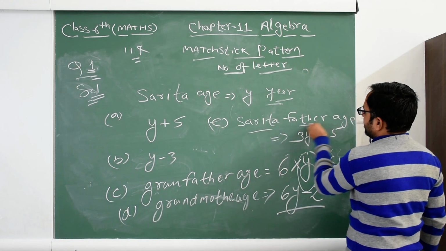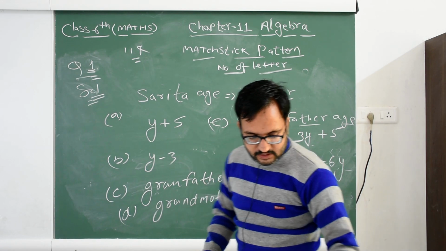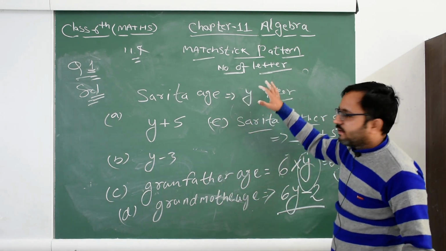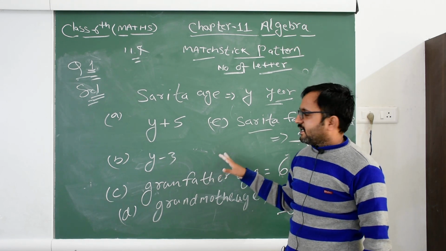So Sarita's father's age will be 3y plus 5. So this is question number 1. According to the given statements we convert them into expressions.